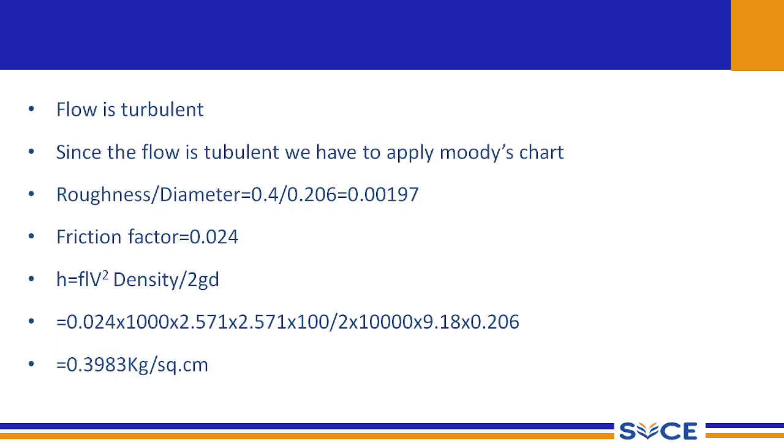That is given by the Darcy-Weisbach equation, which is delta P equal to f L V square density by 2 g D. So substitute the values of friction factor 0.024, the density of water, the velocity, the acceleration due to gravity, and the diameter.